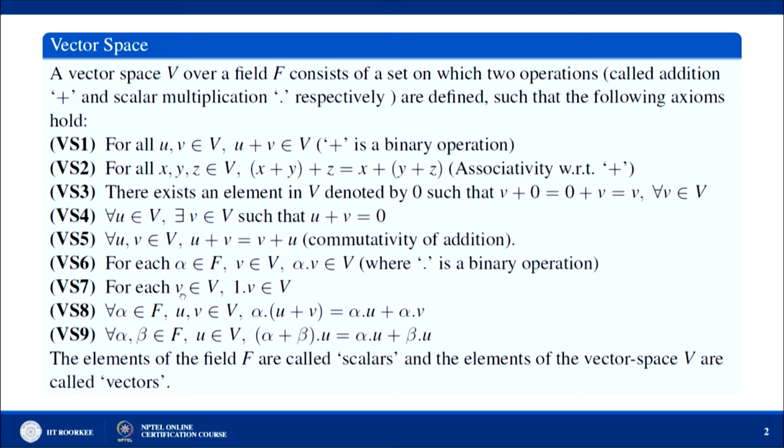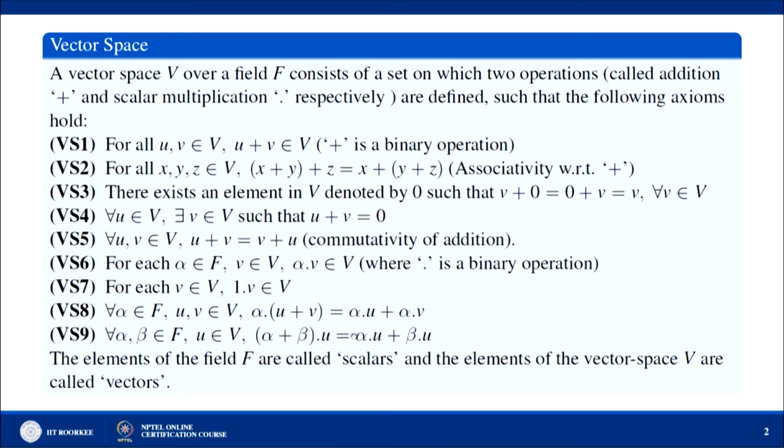Now, for each v in V, 1 dot v equals v. The next is, for every alpha belonging to the field and u, v belonging to V, alpha dot (u plus v) is equal to alpha dot u plus alpha dot v, and for every alpha, beta belonging to the field and u belonging to V, (alpha plus beta) dot u is equal to alpha dot u plus beta dot u.